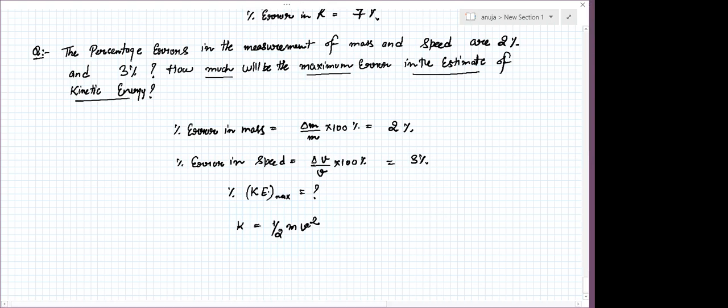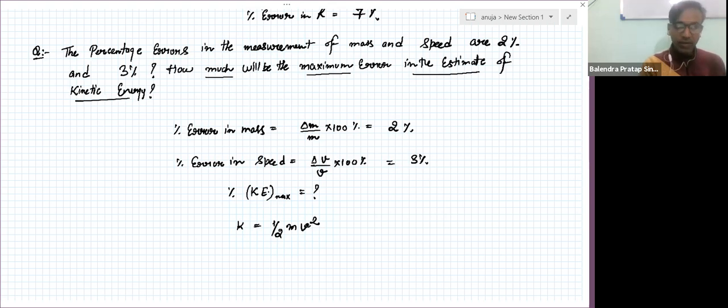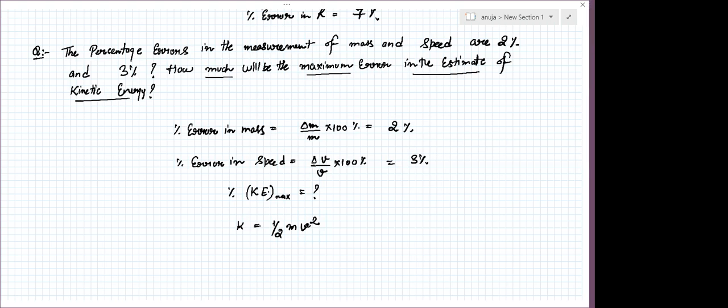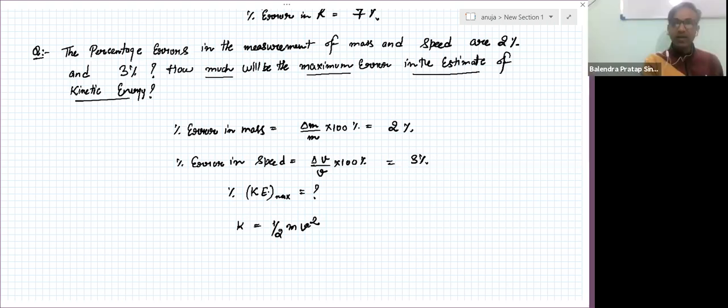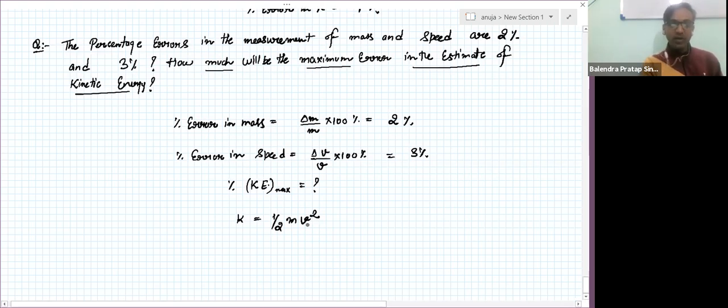Actually, I will discuss all the things about kinetic energy in our work, energy and power chapter, but here just use this formula. K is equal to half of mv square.